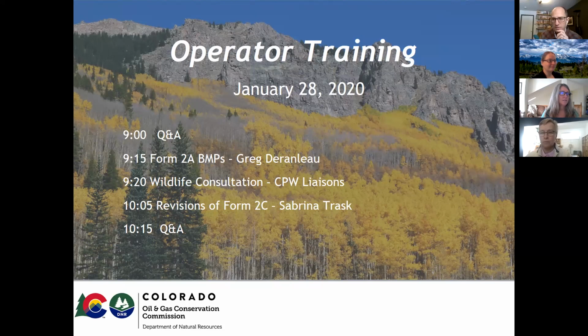And we have a question. Where do we find the data shapefiles of disproportionately impacted community boundaries? We are in the very, very, very final stages of testing our disproportionately impacted community layers on our COGCC GIS interactive map.